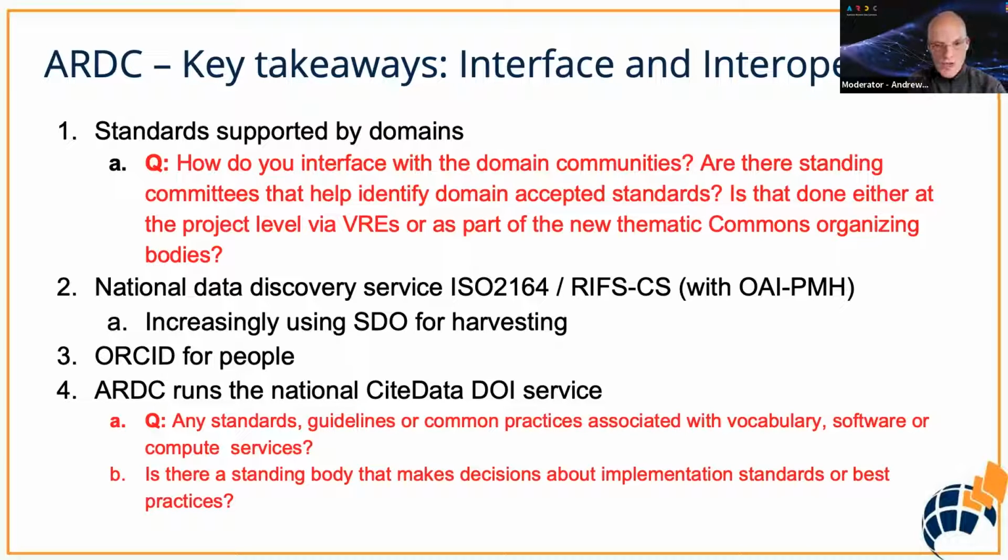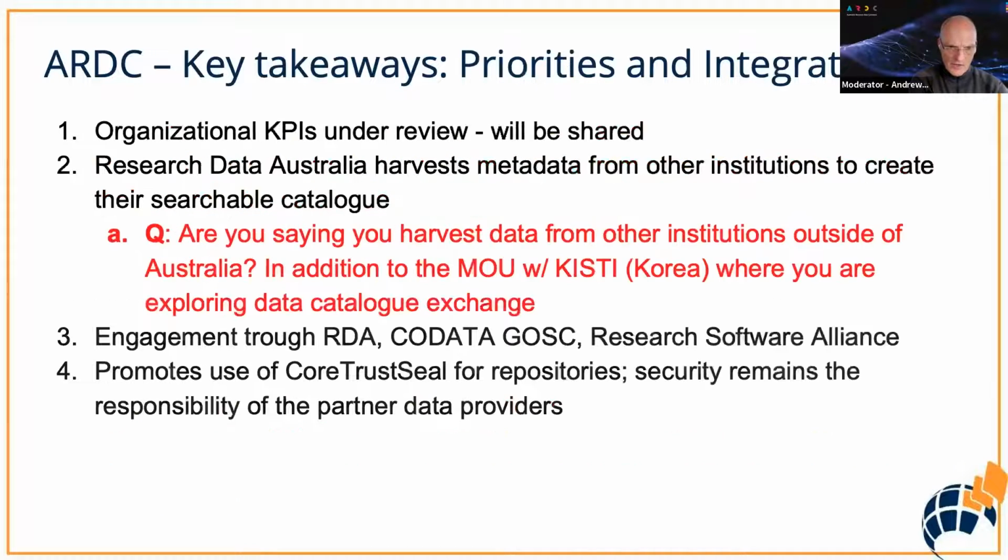We are the only people in the world who care about it, and we're increasingly moving to schema.org as a result. We use ORCIDs for people, and we have a national DataCite DOI service. I don't know why that's turned into site data. It was definitely DataCite DOI.